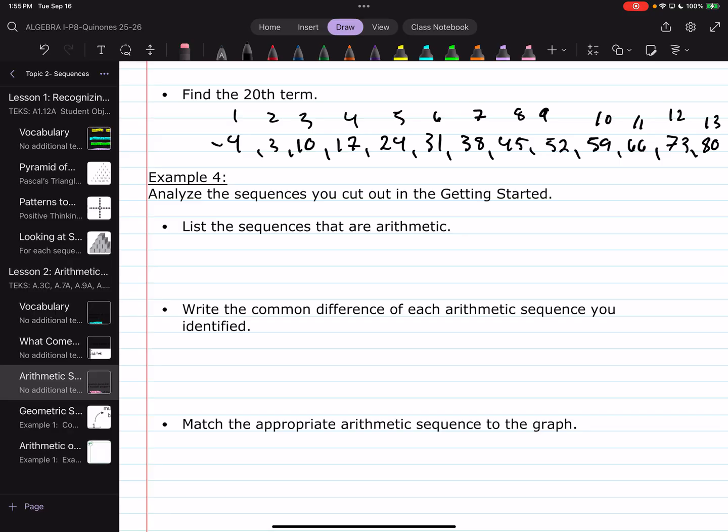Are we matching graphs from here with sequences? Mm-hmm. You're matching the graph that I gave you with the sequence that I gave you. Camila and Chloe's group, be prepared to share because I'm going to ask you first. I'm letting you know now. Kira's group, you're next.